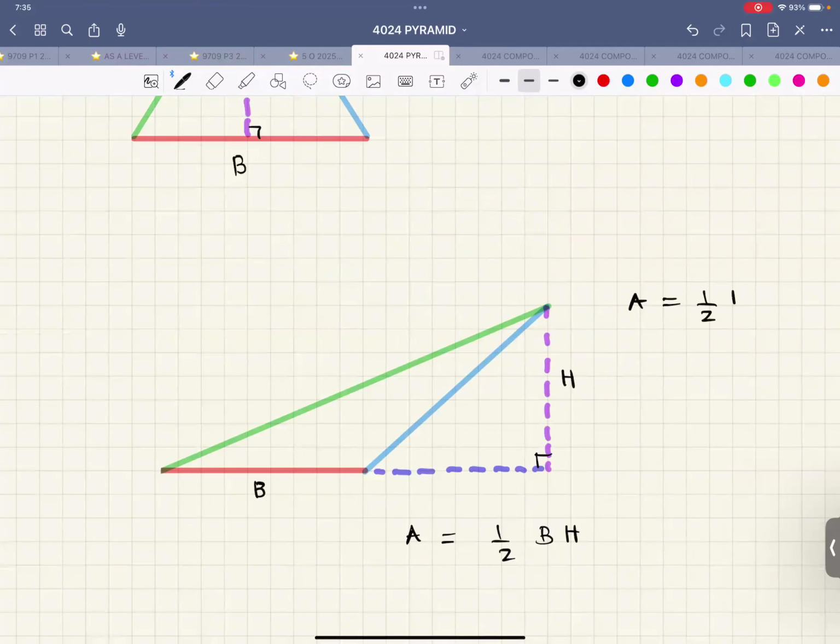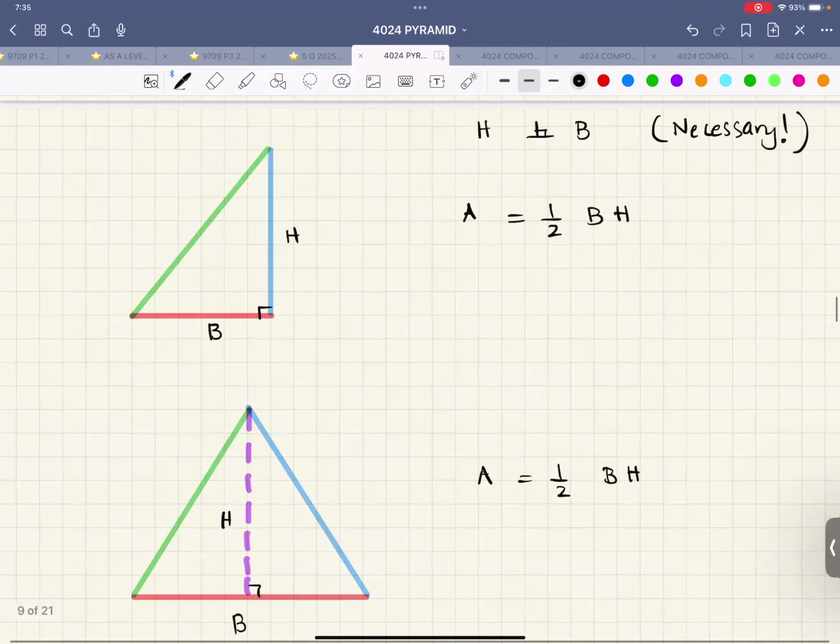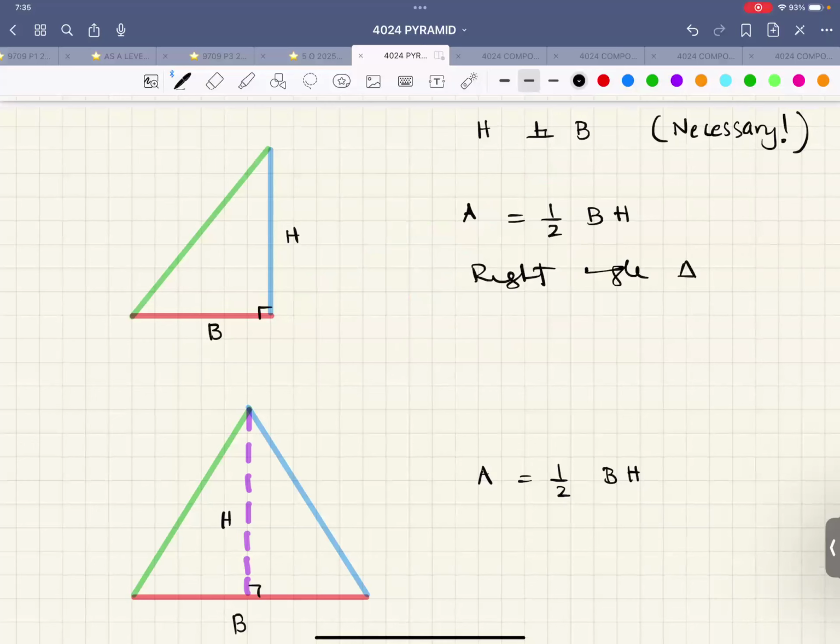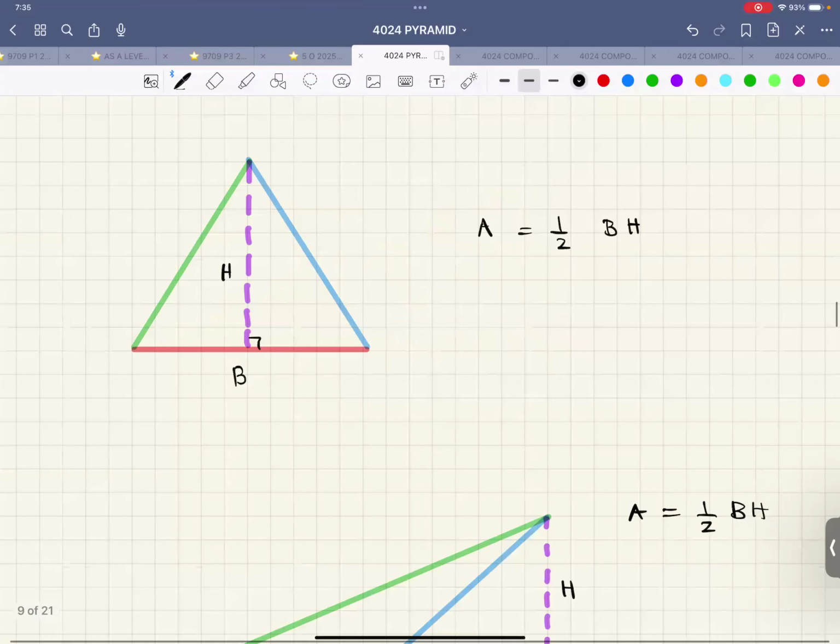There were 3 different kinds of triangles. This is a right angle triangle. Height was part of the triangle. Over here, height is inside.